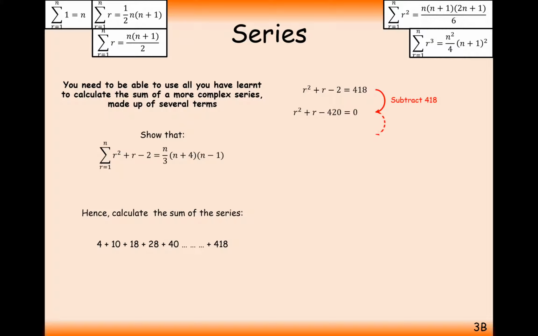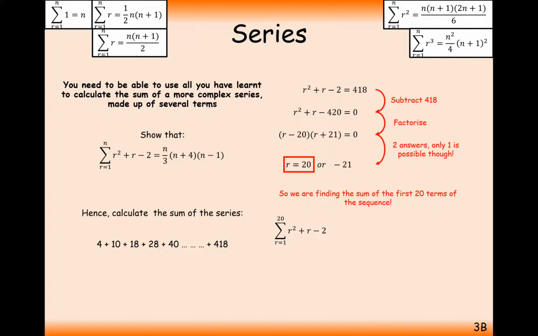From doing a little bit of solving quadratic equations, we know that r is either equal to 20 or minus 21. Given that it's not going to be a negative number, it must be a positive number, so r must be 20. So the value that's going to appear on the top of our series is 20. We've worked that out algebraically.